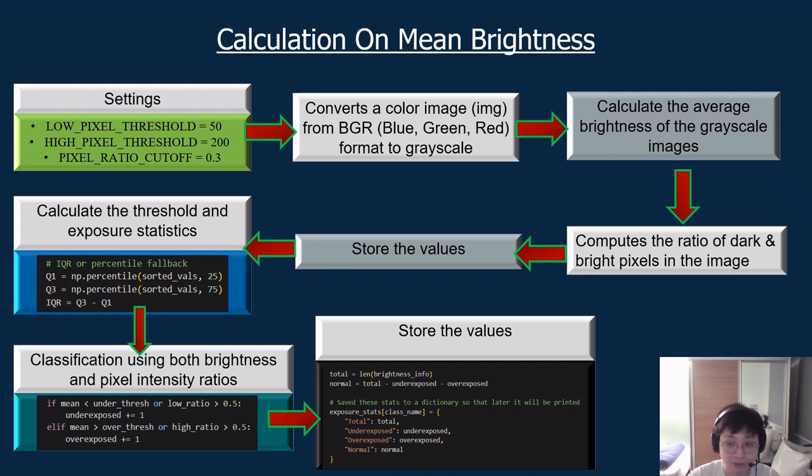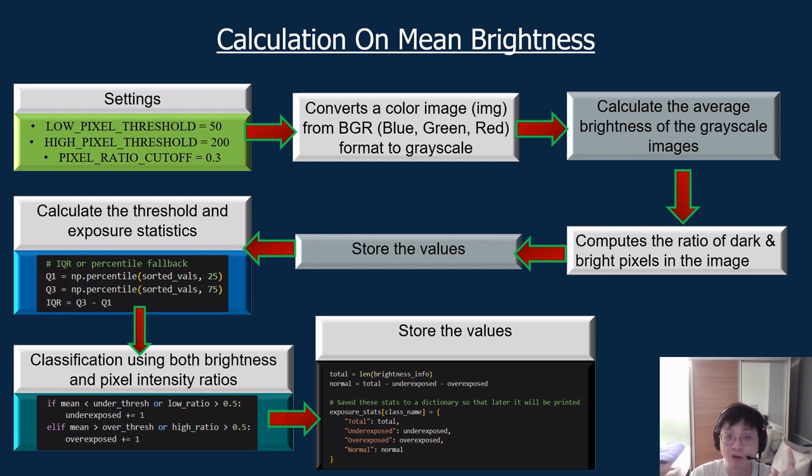We choose 50 and 200 because we are using grayscale, which ranges from 0 to 255. In grayscale, 50 is already considered quite dark, and 200 is considered quite bright.